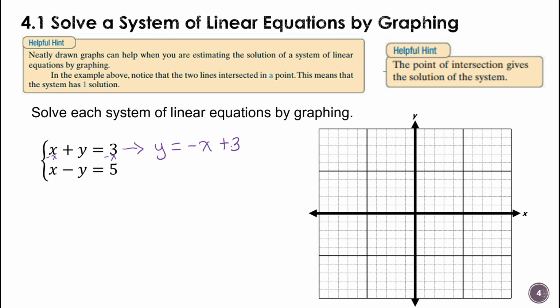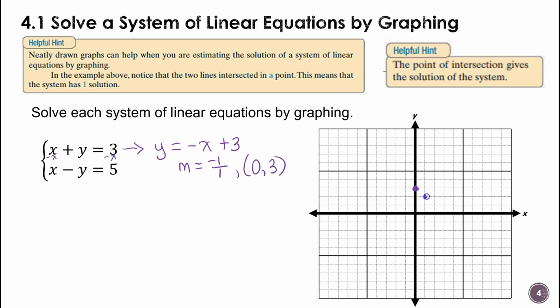Okay, so let's graph this equation. I'm going to graph this in purple and then use different colors to help you figure this out. This has a slope of negative 1 over 1, and the y-intercept is at 0, 3. Maybe some of you will get better at finding these things in this chapter because you practiced it in chapter 3 and now you're seeing it again in chapter 4 on graphing. So I put a point at 3, and then using my slope I'm going to count to find some other points.